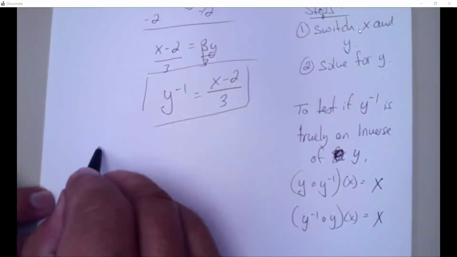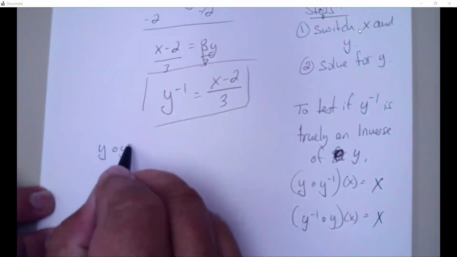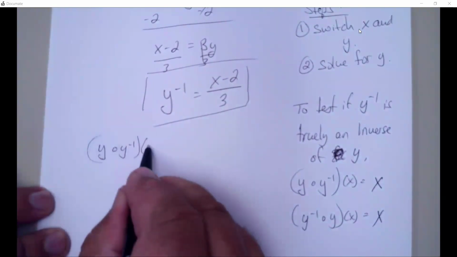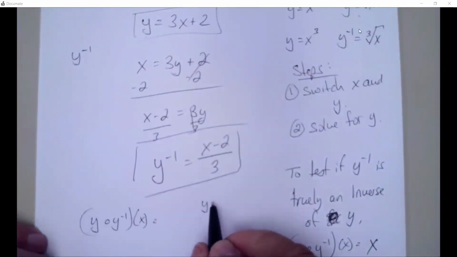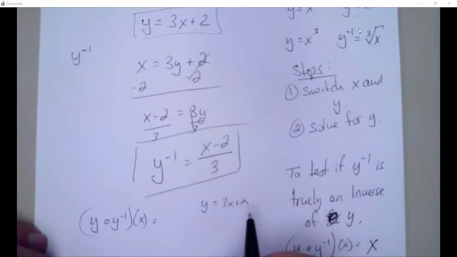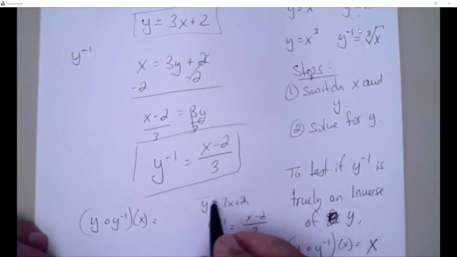Let's do y of inverse of y. Using these two equations, we have y equals 3x plus 2. The inverse was x minus 2 over 3. These are my functions.